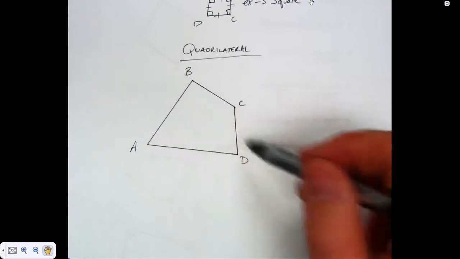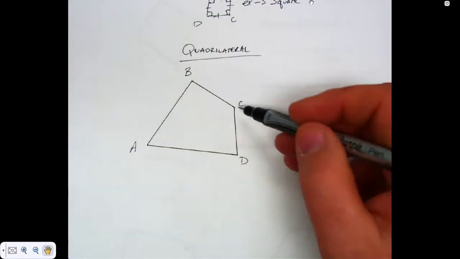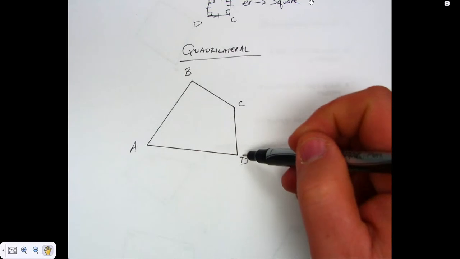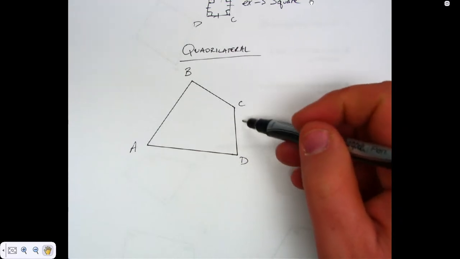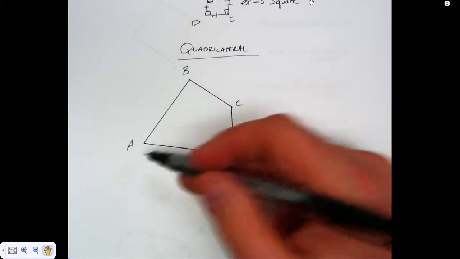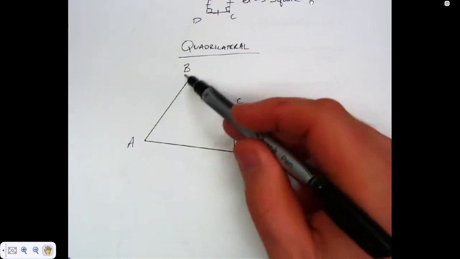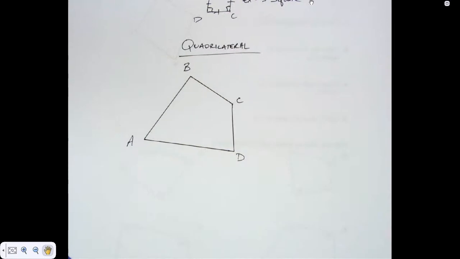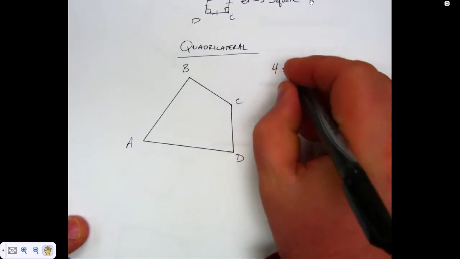Has to be consecutive vertices. So what do you think I mean by consecutive? If I was walking along the outside of this, the next consecutive vertex to D would be what? Or the consecutive vertex to B would be what? Or C. Okay.